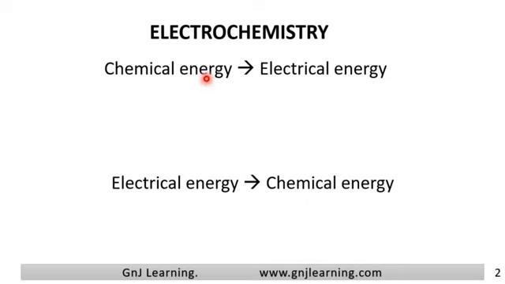Those devices that can convert chemical energy into electrical energy are called galvanic cell or voltaic cell. These devices are named after two famous scientists, Galvani and Alessandro Volta, both Italian scientists. They lived at the same time.